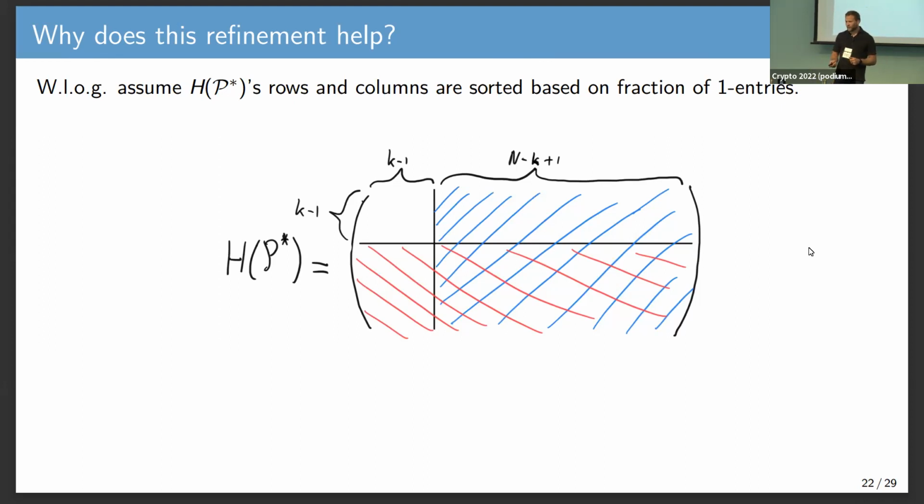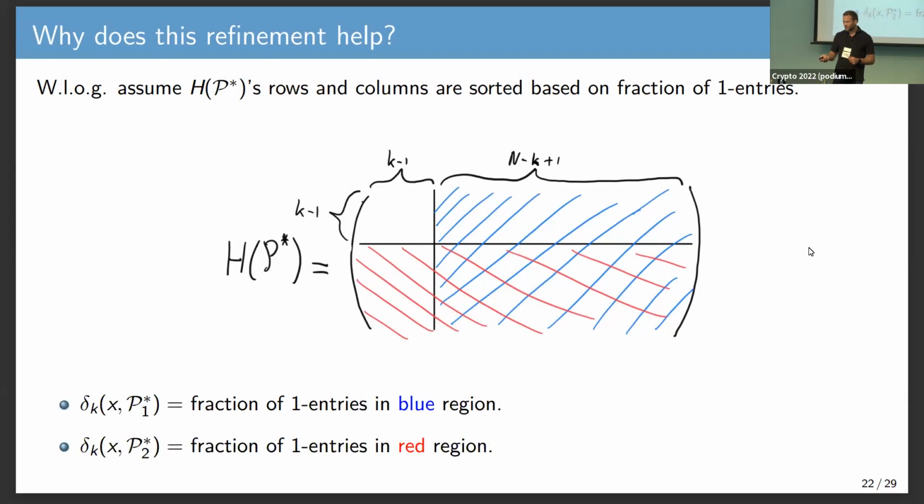So they are sorted. And if we then look at this matrix, we can see that this delta_K value of P1 star actually corresponds to the fraction of one entries in the blue part of this matrix, because we've removed the K minus 1 challenges with the largest success probability, and we only consider P1 star, so only the first invocation of the basic protocol.